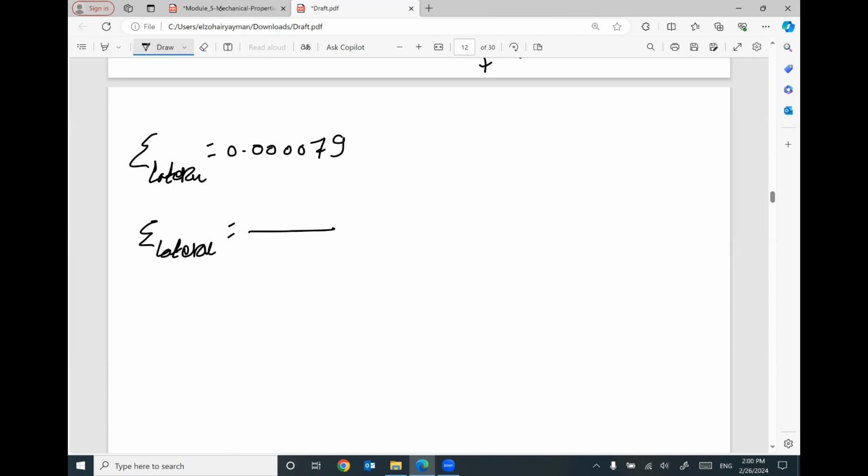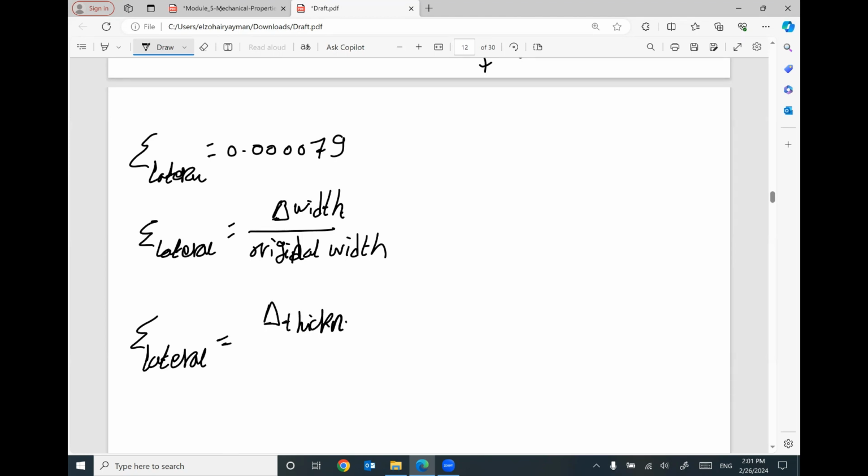equals the change in the width divided by the original width. Or this lateral strain equals the change in the thickness divided by the original thickness.